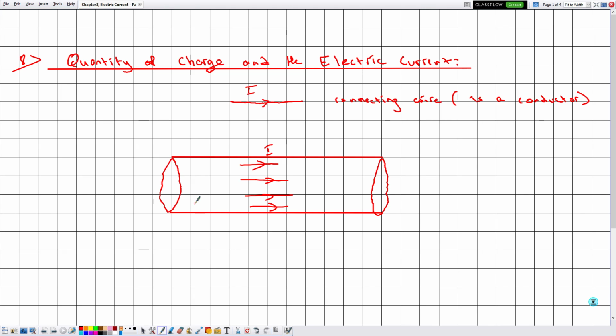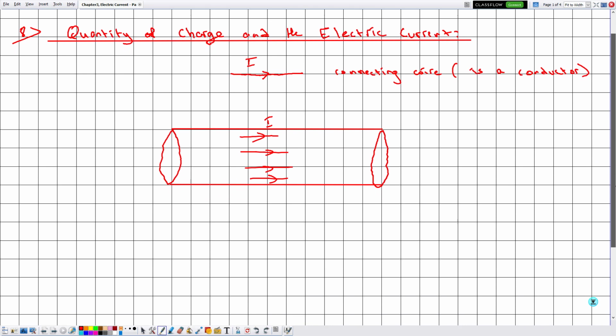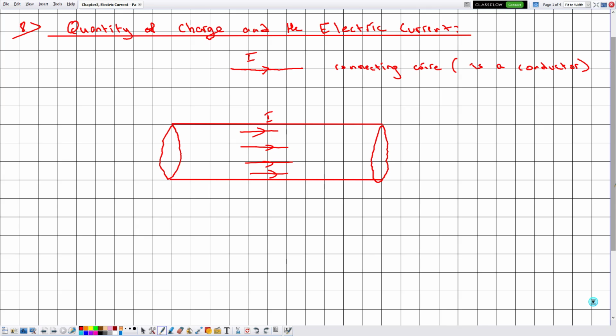But actually, what's happening inside the wire in order for the current to flow from left to right? We know that any matter is made up of atoms. Atoms are made up of electrons, neutrons and protons, but now we are interested only in the electrons.